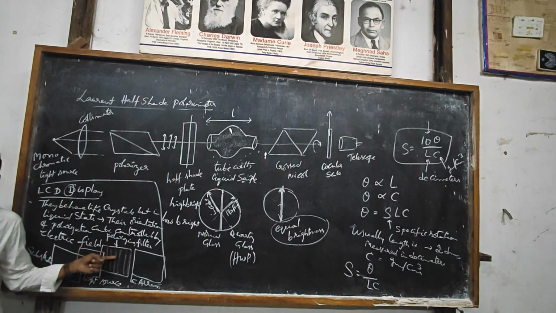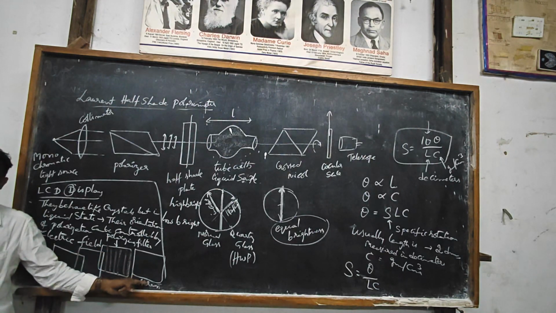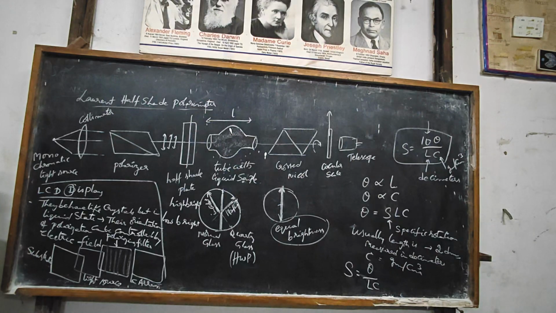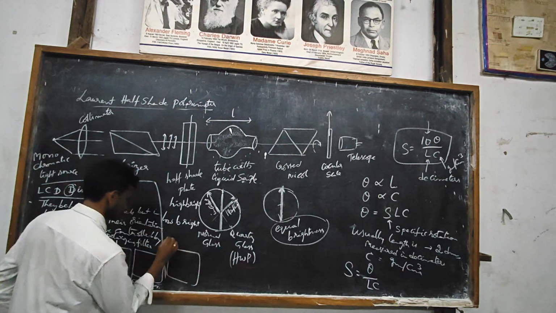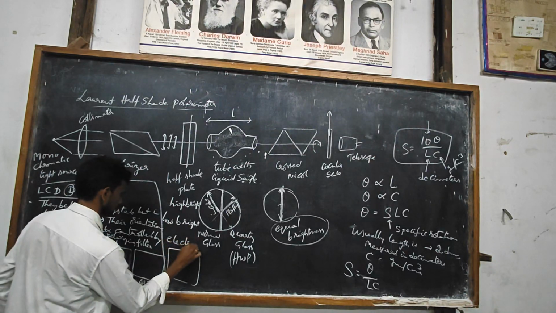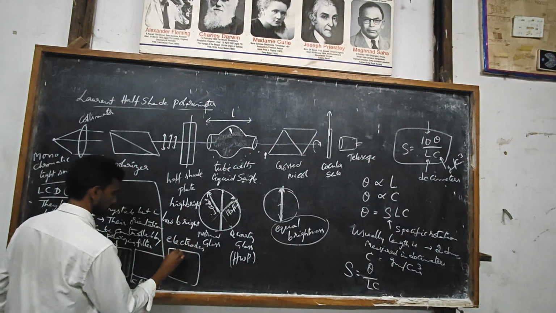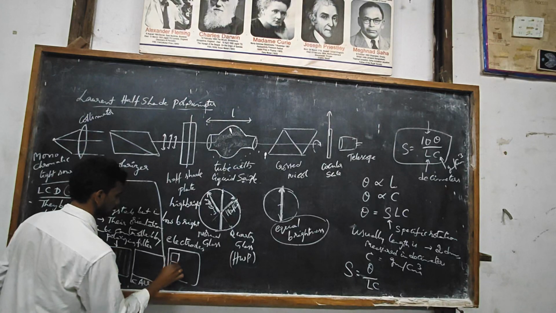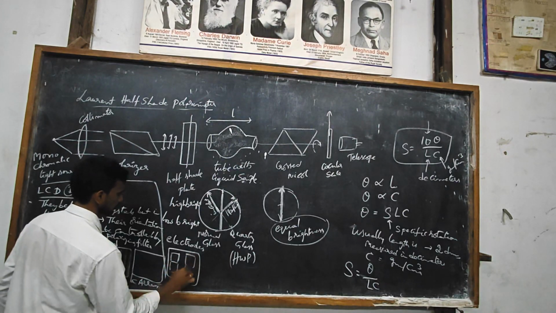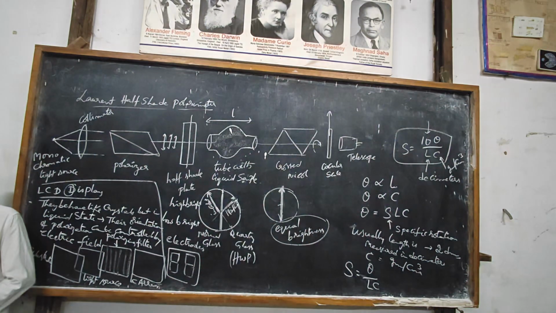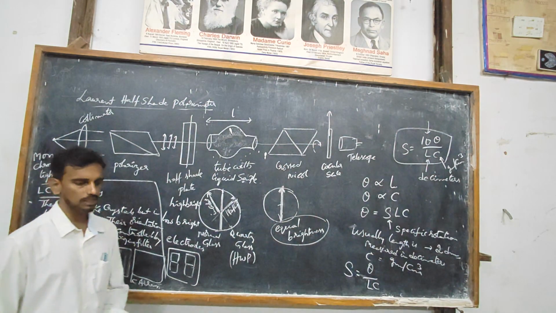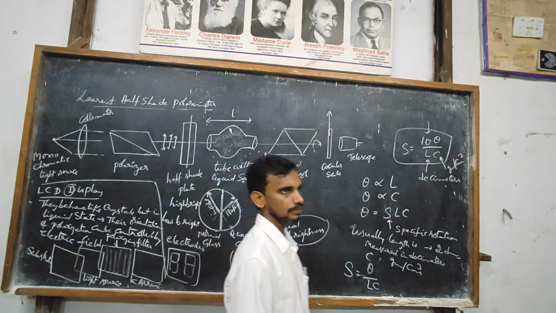Substrate, light source, polarizing filter followed by liquid crystals. Then electrode. So this carries whatever content you would like to display. The shape of the electrode is the same as the text you would like to display.